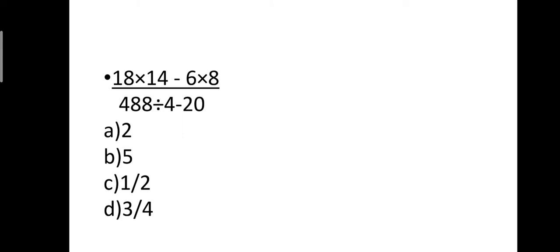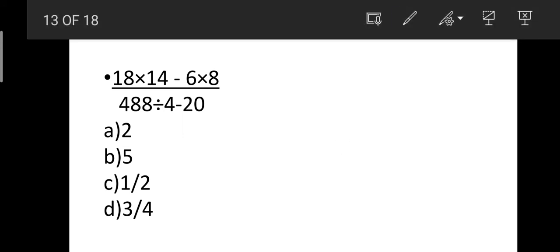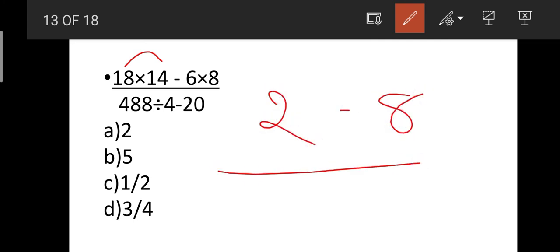See friends, this is also a very simple question where we can easily calculate it. 8 into 4, it should be ending with 2, and 6 into 8, it should be ending with 8. Here 8 divided by 4 should also be ending with 2, and minus the last digit is 0.